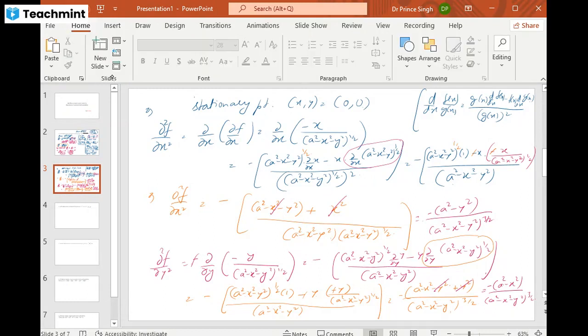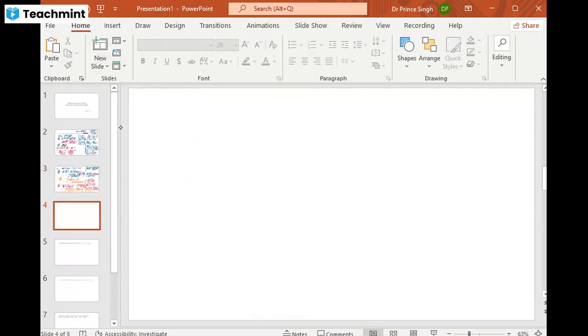So now we need to calculate the second order derivative with respect to xy. So ∂²f/∂x∂y. This is ∂/∂x of ∂f/∂y. So this is ∂/∂x of −y upon (a² − x² − y²) raised to the power 1 by 2.